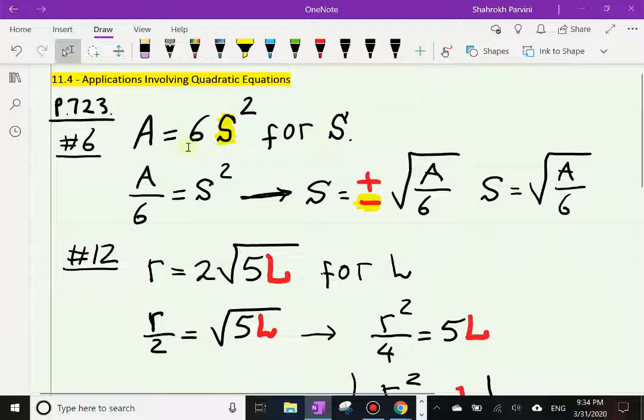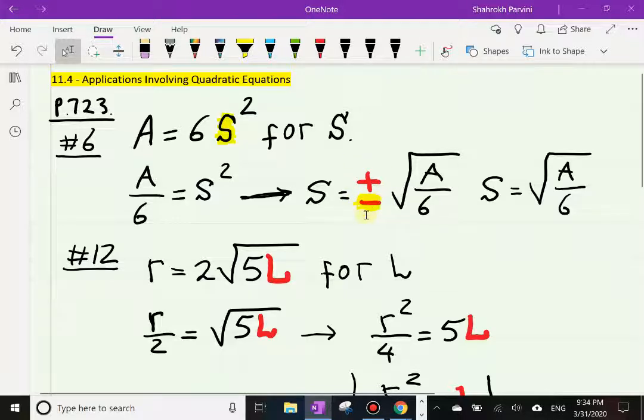The next step, I divided both sides of this equation by 6. A divided by 6 equals s squared. And from that we got s equal to plus or minus the square root of A over 6. Remember, the principle of square roots tells us we have to have plus or minus.